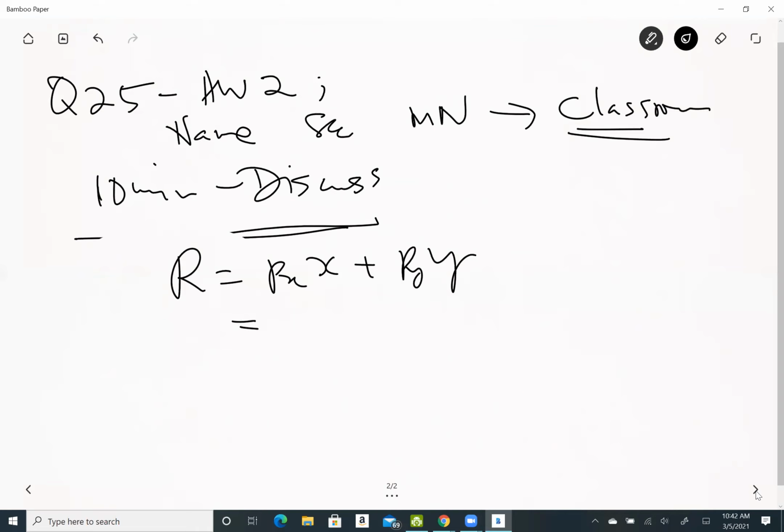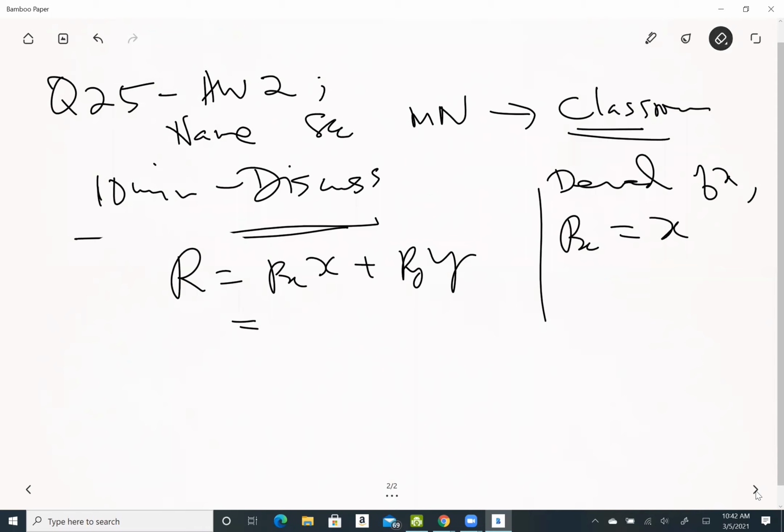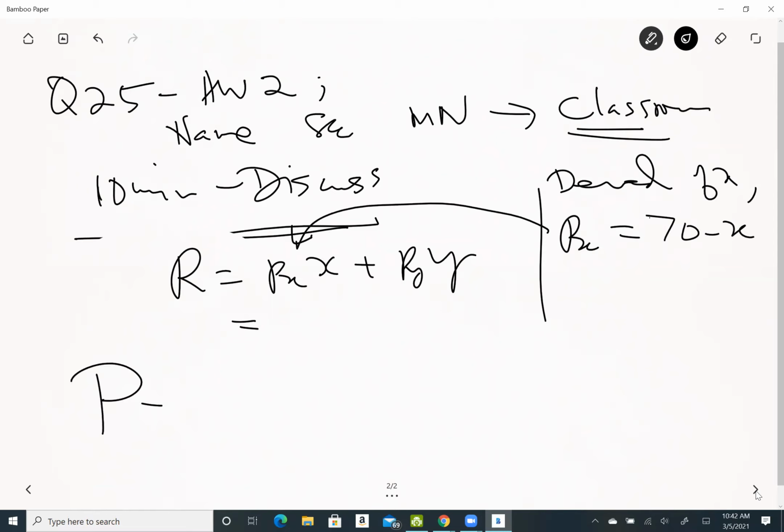You get the demand in terms of quantity. So for the X, the demand for X, Px equals what? Equal to 70 minus X. So that is the form that you need to put in, 70 minus X. And then you get the profit.